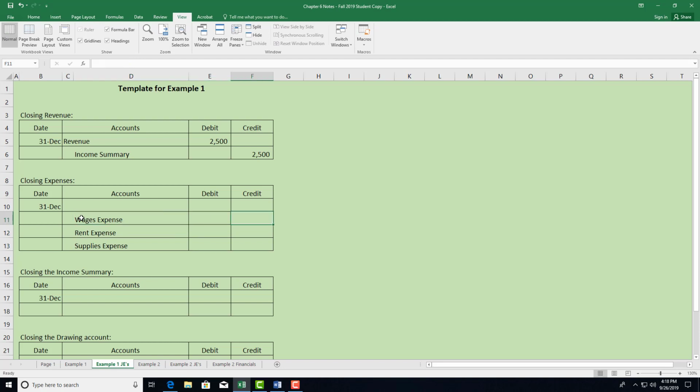So we need to credit all three of those accounts to close them. And then we'll add all three of those up. That totals $1,750. And we will debit income summary for the total of those expenses, $1,750.